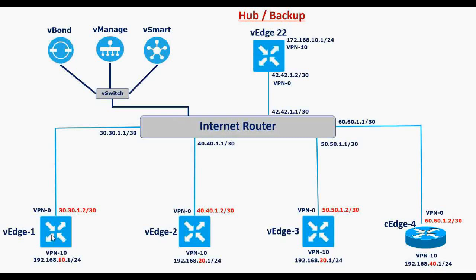And when you enable this dynamic on-demand tunnel feature in your SD-WAN topology, whenever VH1 wants to send traffic to, let's say, VH2, it will generate an IPsec session and a BFD session between VH1 and VH2, and then start sending the traffic.